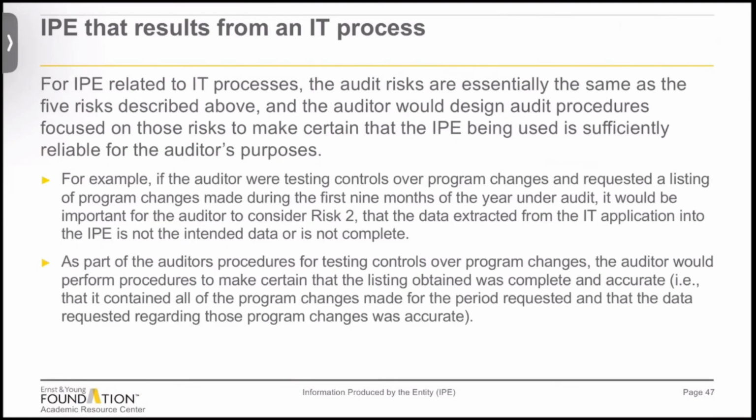So for IPE related to IT process, the audit risks are essentially the same as the 5 risks described previously. And the auditor would design audit procedures focused on those risks to make certain that the IPE being used is sufficiently reliable for auditors' purposes. So for example, if the auditor were testing controls over program changes, so of course, di ba yung mga SAP, for example, may mga program changes or katulad ng mga application nyo sa phone would have some updates.